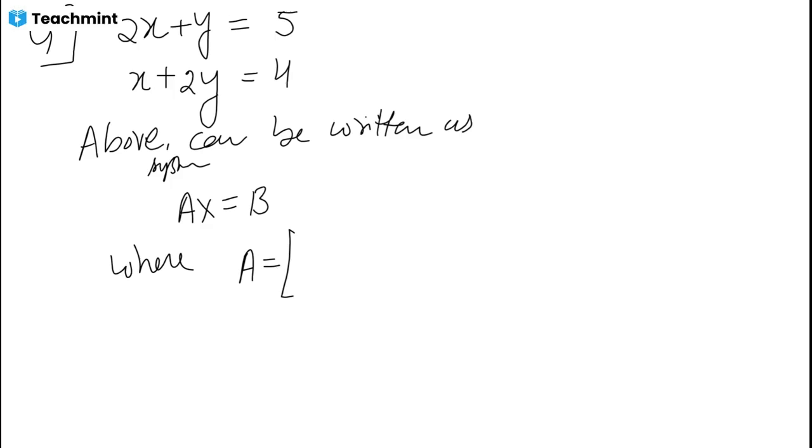We can't see any coefficient of y here, so just take 1, because y can be written as 1 into y. So the coefficient of x is 2 and the coefficient of y is 1 in the first equation, and in the second equation the coefficient of x is 1 and the coefficient of y is 2.